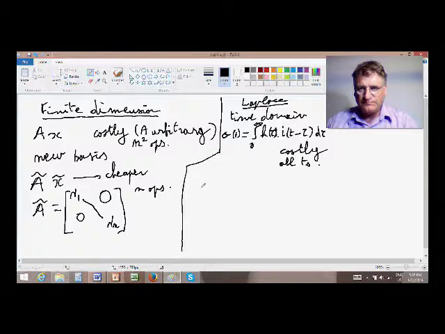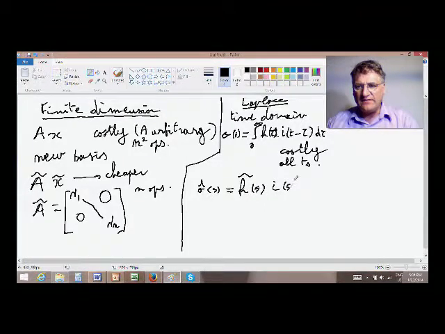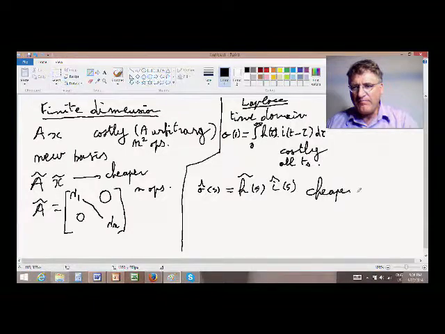Now, O of s is equal to h of s times I of s, with the proper hats everywhere, and is easier and cheaper to compute.